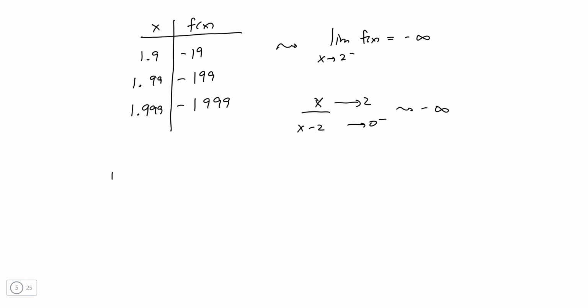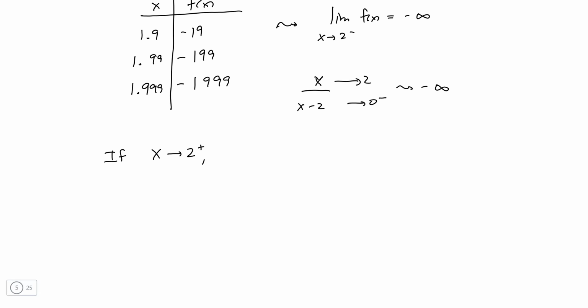Now let's try the same thing coming from the right-hand side. Maybe before we do the table, let's try to logic this out again. The top part is going towards 2, and for the bottom part, all the x values are a little bit bigger than 2. So that means you've got something positive going towards 0. So it's going towards 0 from the right.